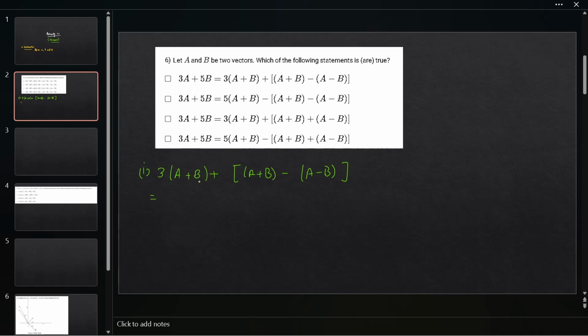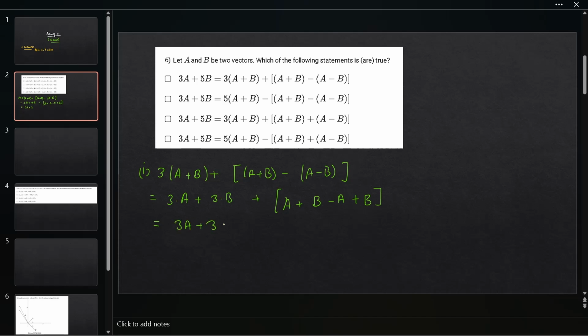So here 3 times (A plus B) is going to be 3A plus 3B, plus here we have A plus B. Now minus (A minus B) is going to be minus A plus B. So 3A plus 3B will remain the same.